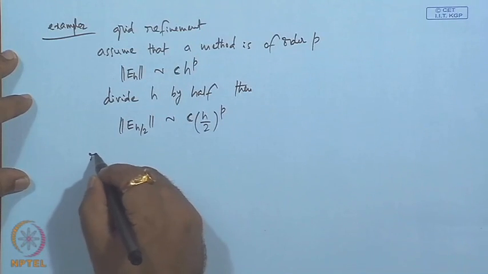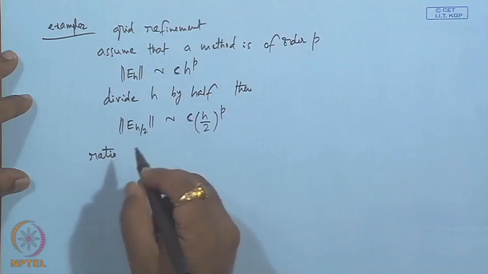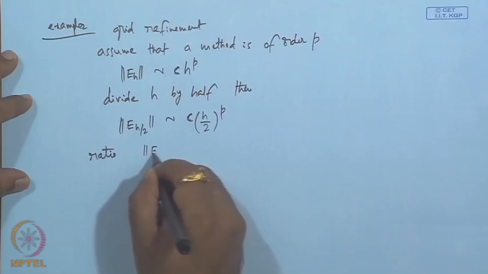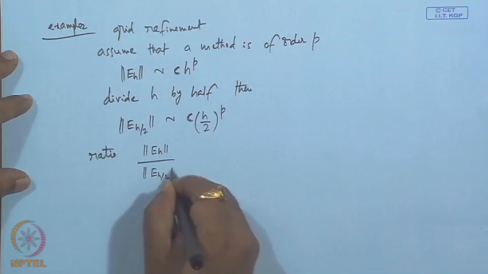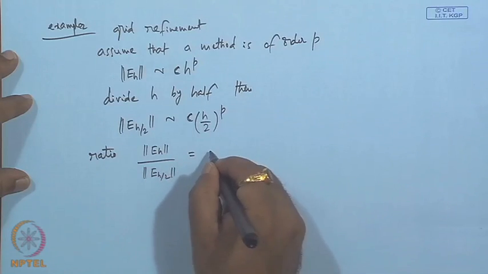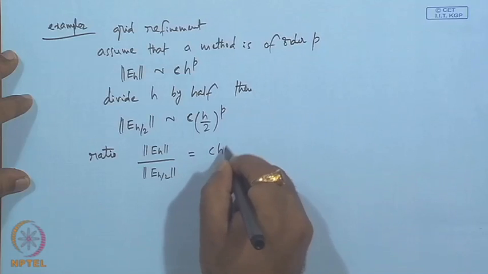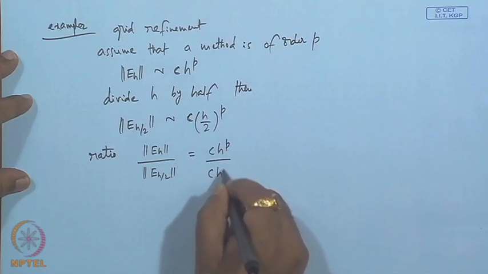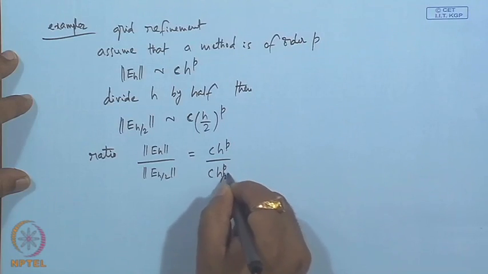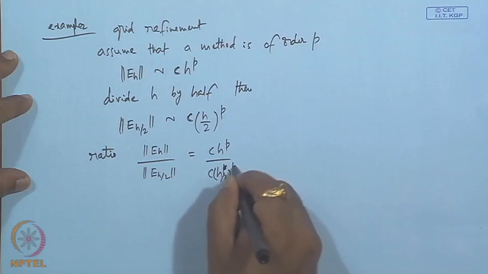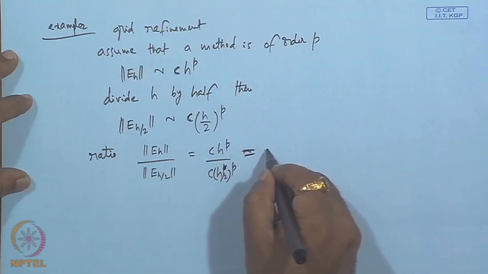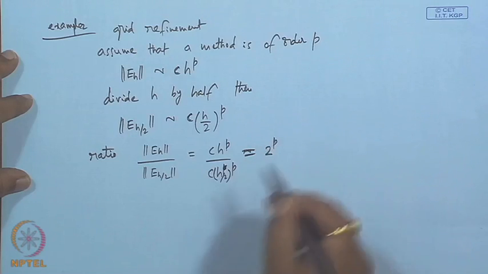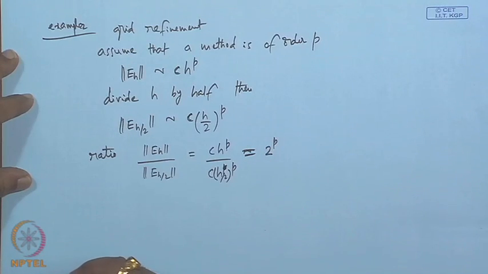Then the ratio goes like h by 2 power p, so this ratio is 2 power p.